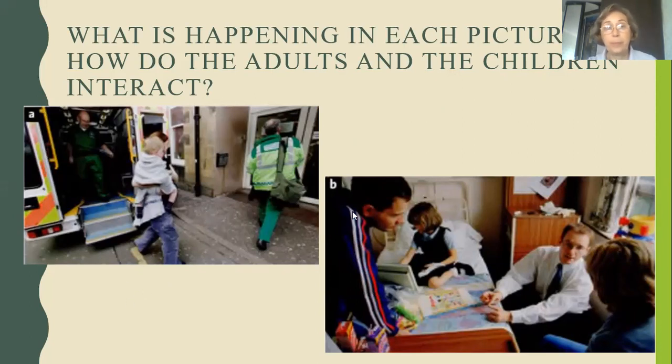Yes, like this. Okay, and in picture B, so let us focus on picture B and listen to Bere. What can you see in the picture, Bere? Yes. Where are the people? Who are they? Hospital. Okay.